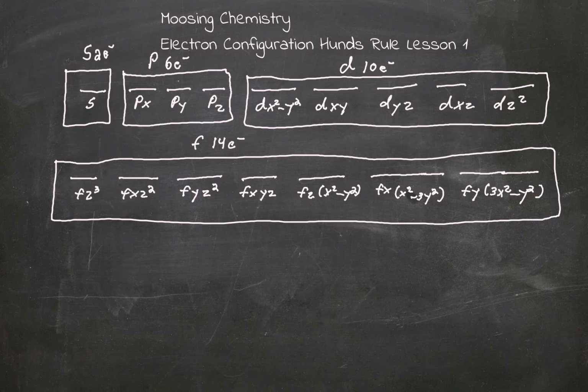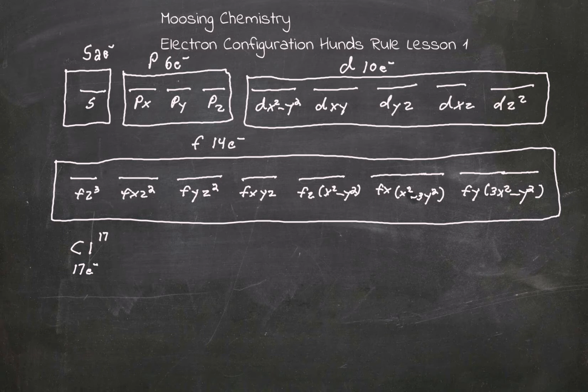So let's look at an electron configuration for a p block element like chlorine. Chlorine has an atomic number of 17, which also means it must have 17 electrons.